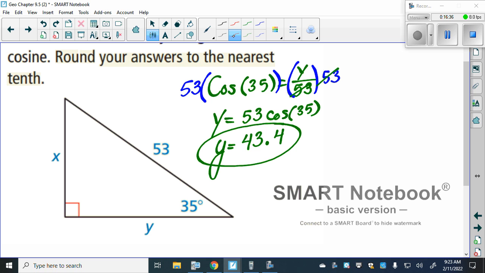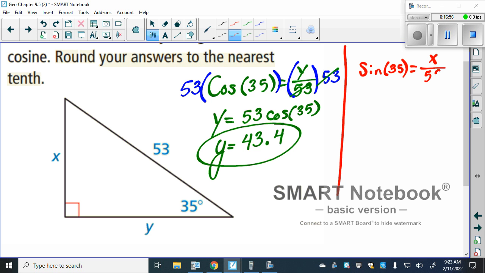Now we need to find the value of x. So we're going to say sine of 35, because that's the angle they gave us, is equal to what over what?